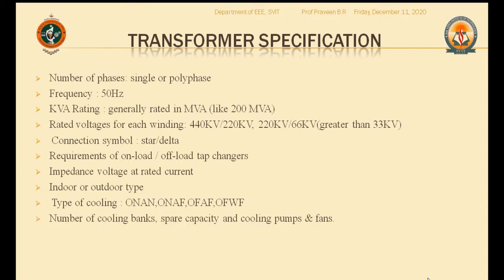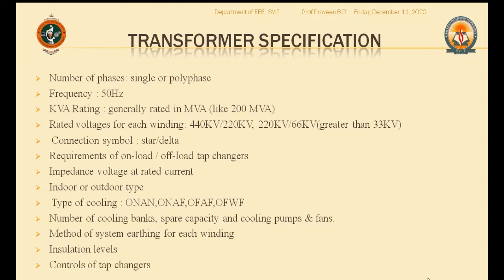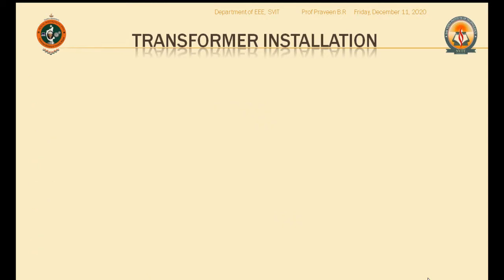Also important is how many cooling banks you want to install, what is the capacity, what is the number of pumps and fans required, and what method of earthing you are using for each winding. You also have to mention the insulation levels and how you control the tap changer.